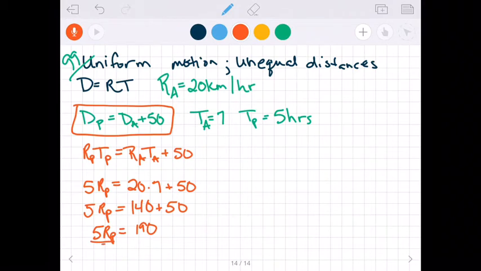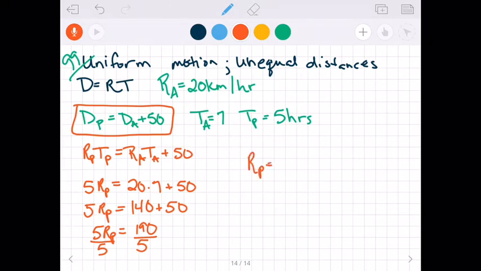And now divide both sides by 5. And RP equals 38 kilometers per hour.